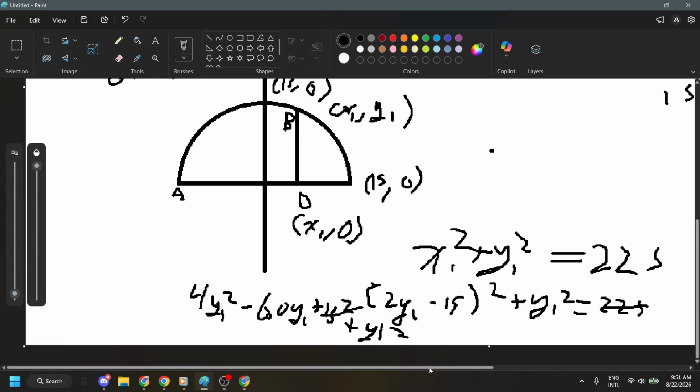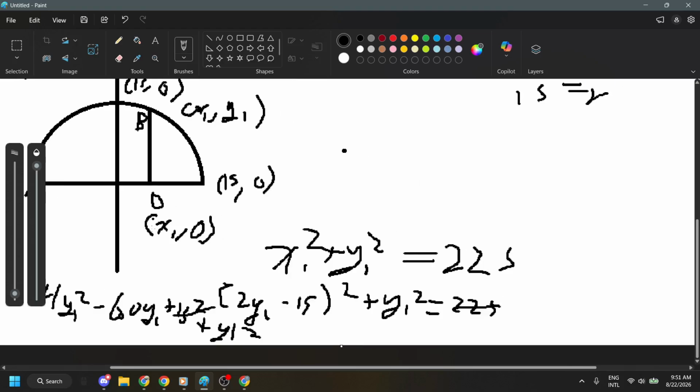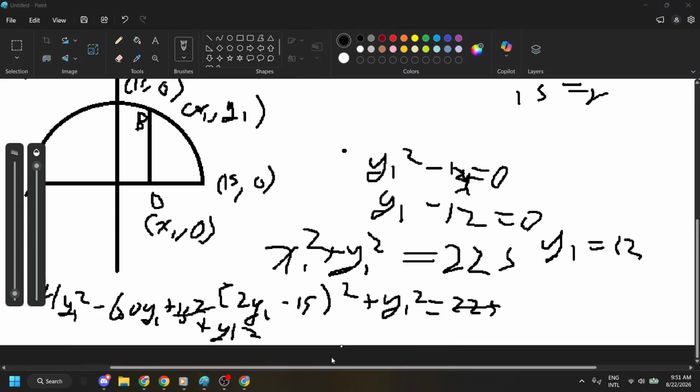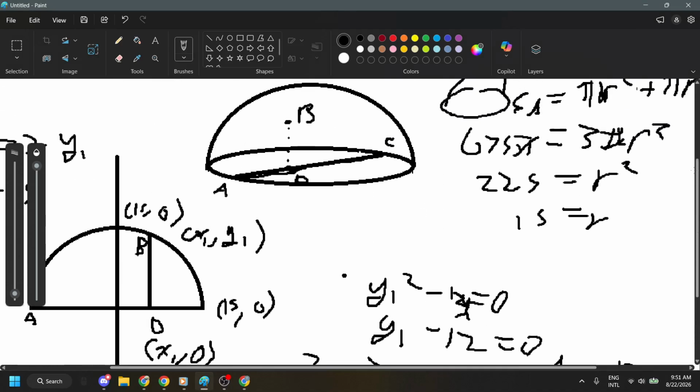Then we can divide by 5, so we get y1 squared minus 12y1 is equal to 0. Obviously y1 equals 0 is not a solution, so we just get y1 minus 12 is equal to 0. y1 is equal to 12. So we know dB is equal to 12. Oh shoot, am I stuck? Okay. dB is equal to 12.